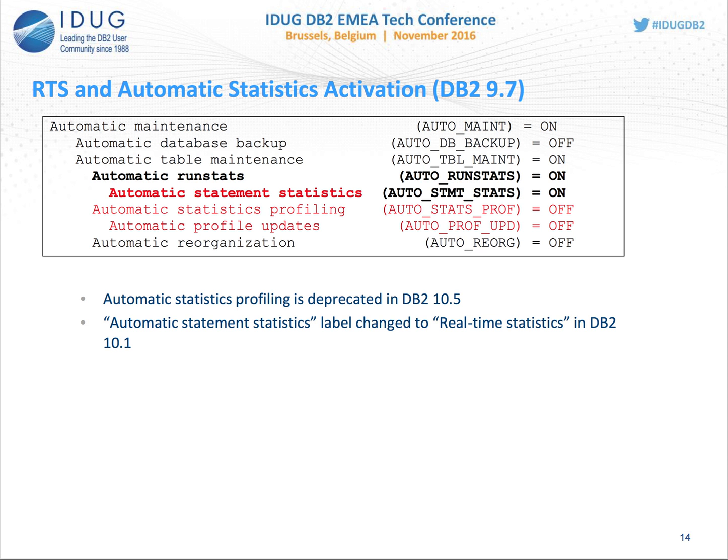But there were limitations with that capability. It didn't work in an MPP environment, it didn't work if you had intra-partition parallelism enabled, and it didn't occur in a timely enough fashion, so we decided to remove that capability from the engine. Those stats recommendations are now all part of the recommendations provided by the stats advisor in Data Server Manager. So that's the config params walking back in time.